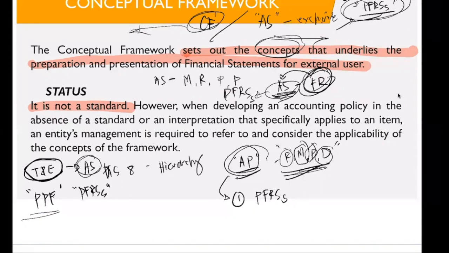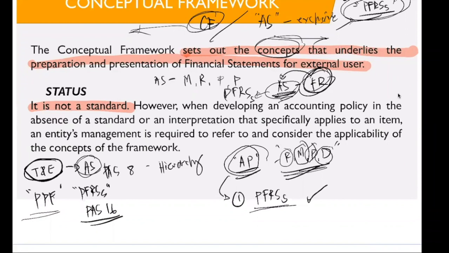Question now is, what is the applicable accounting policy that we must use? That is your PFRS. So in PPE, do we have a specific standard that applies to it? Yes, that is your PAS 16. So since there is a specific accounting standard that applies to it, we use it.